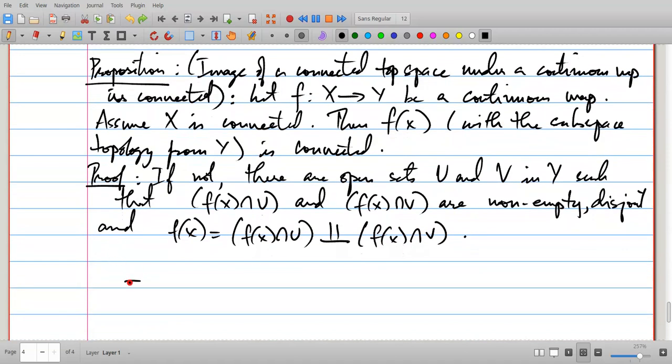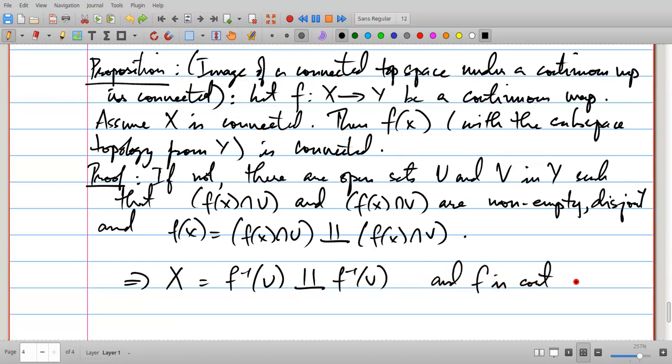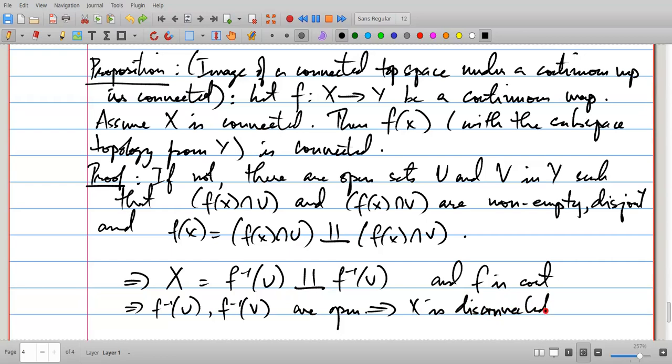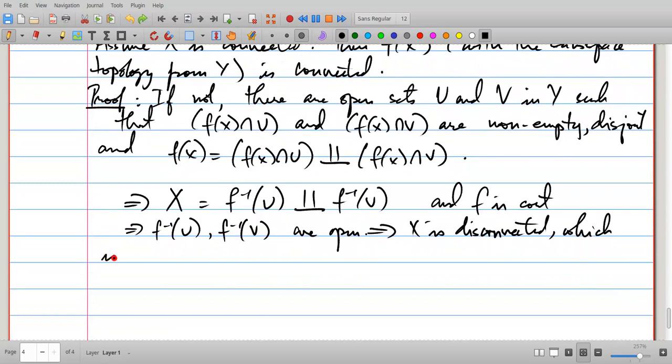But now this will imply that X is equal to f inverse U, disjoint union f inverse V, and as f is continuous, this implies that f inverse U and f inverse V are open. So this implies that X is disconnected, which is a contradiction. So we will end this lecture here.